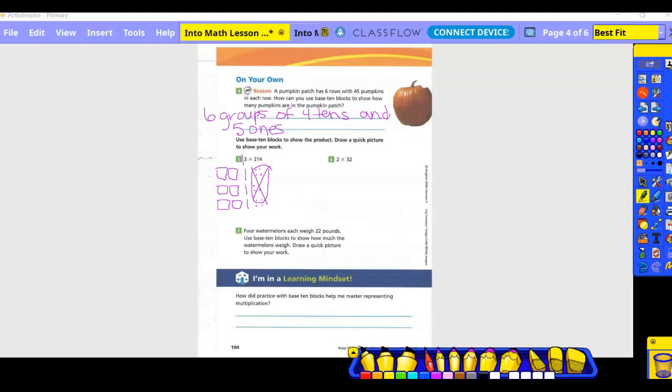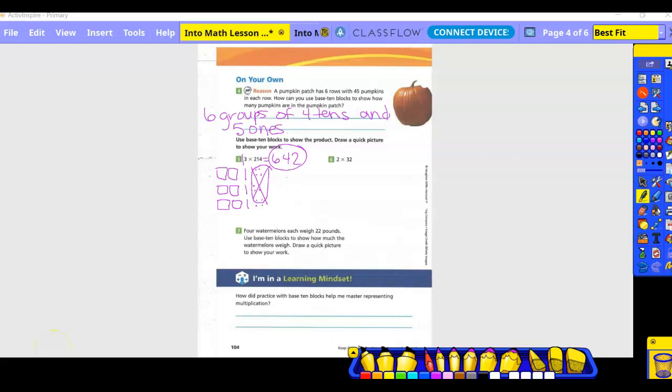So how many flats do I have? 6. How many longs do I have? 4. And how many small cubes? 2. So 642. So if I took 214 times 3, I should get 642.